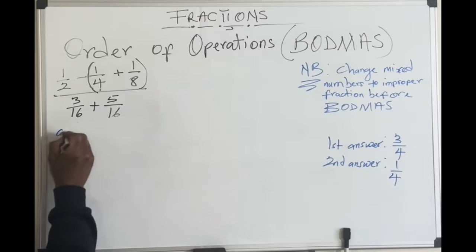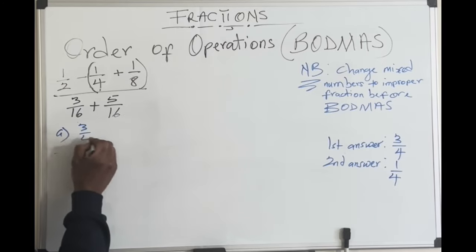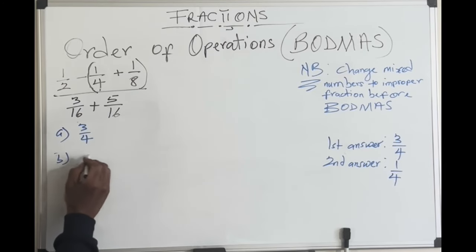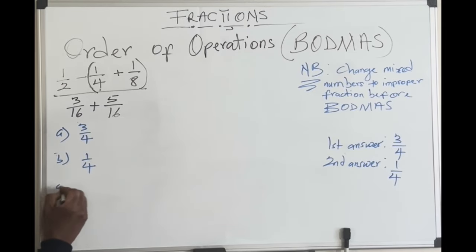So A 3/4, B say 1/4, C let's say 3/8, then D let's say 2/2.